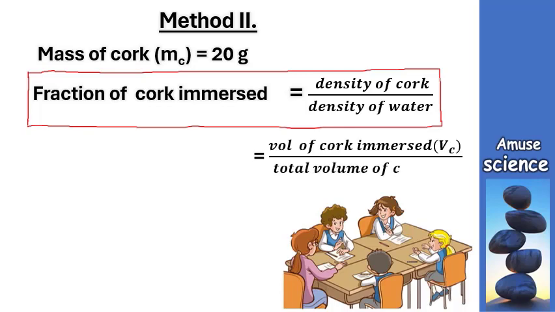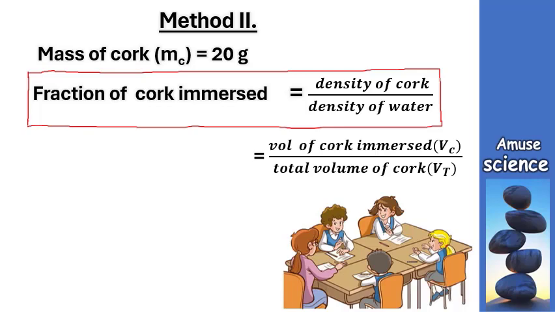So our tasks here are two. We have to find the volume of the cork immersed in the water, and then we have to find the total volume of the cork. Let's find the total volume of the cork, since that one becomes simple.